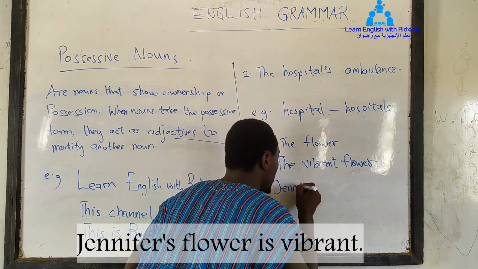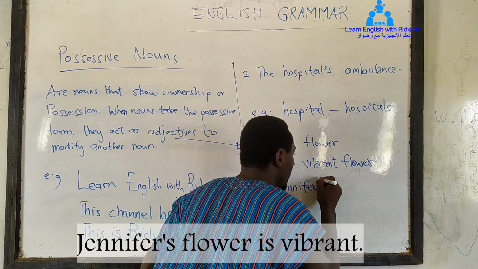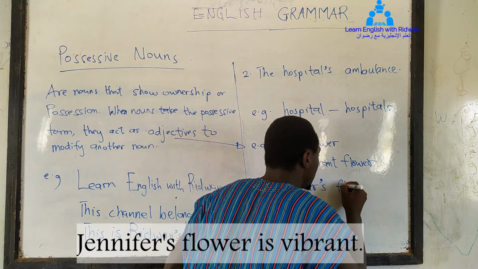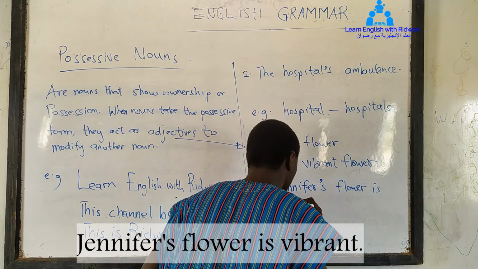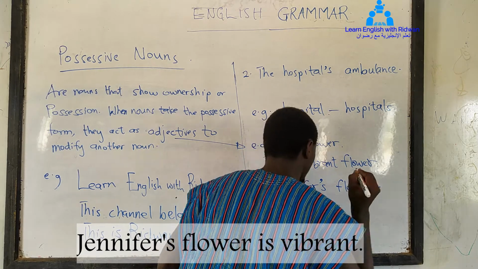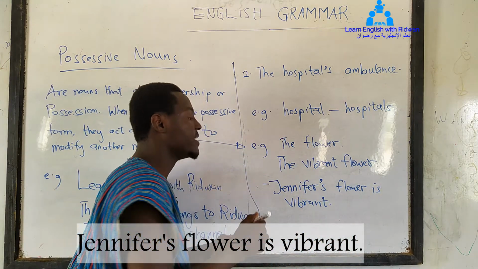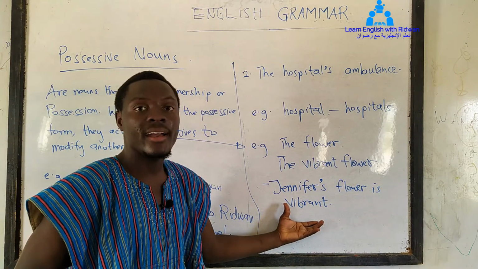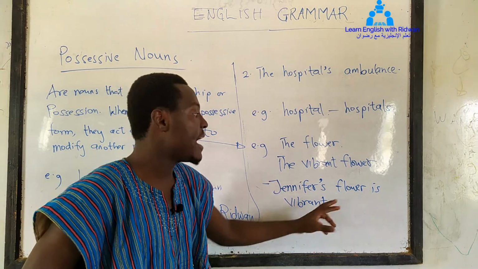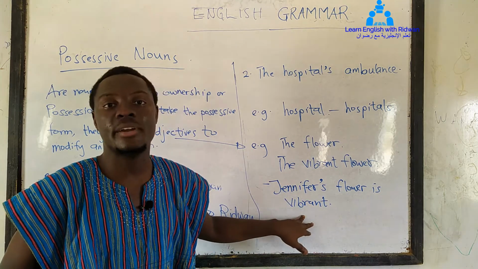المثال الثالث إذا قلنا Jennifer's flower is vibrant. Jennifer's flower is vibrant. الآن في هذه الجملة توجد فيها ماذا؟ flower وتوجد فيها vibrant أيضا.